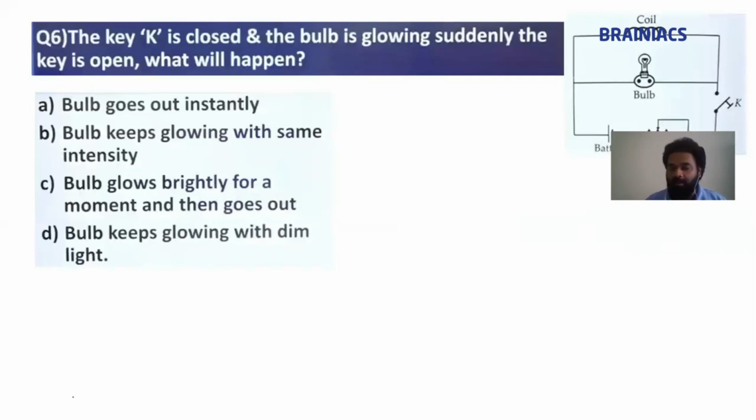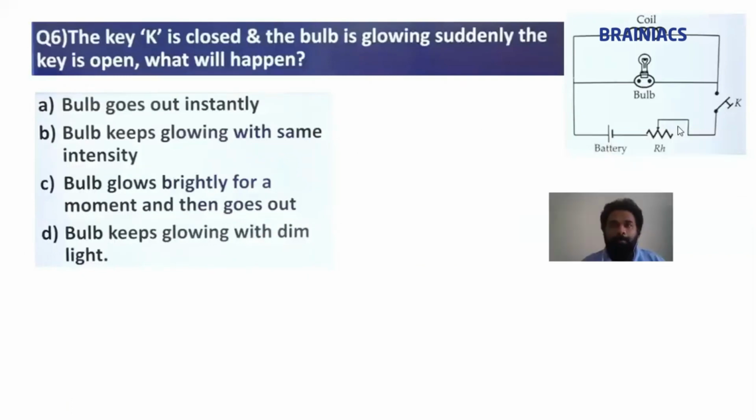Okay, next problem is, see, the key K is closed and the bulb is glowing. Suddenly the key is opened, what will happen? Okay, means the bulb was glowing actually. When suddenly the key is opened, now what will happen? What is the option?